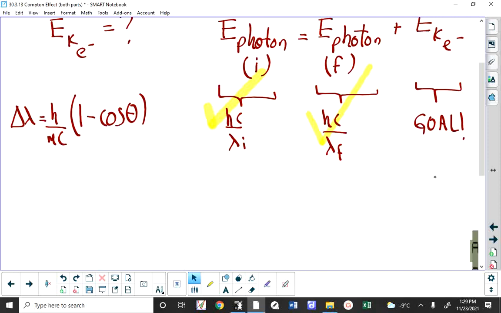So what I would like everybody to do is start by calculating the wavelength shift. I just want to check here how many of you are done and have an answer. Okay.